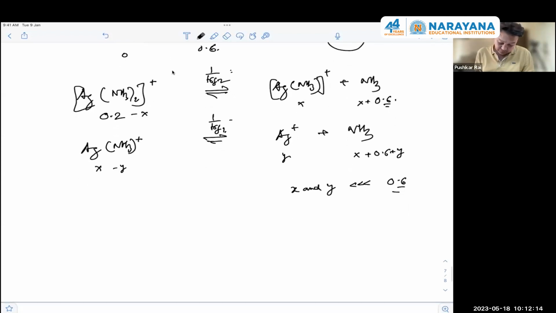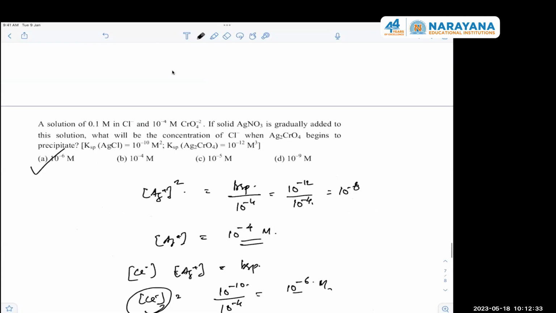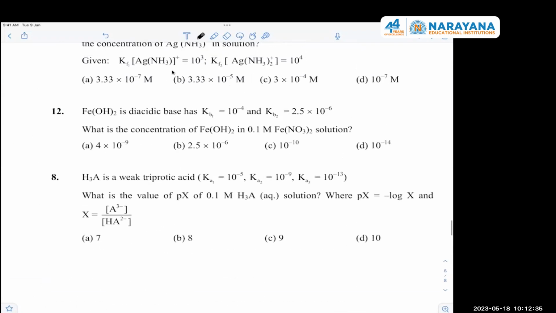So 1 upon Kf2 is equal to X into 0.6 divided by 0.2. Get the value of X. After getting the value of X, you will realize that indeed your approximations are absolutely all right. Can you do it now? Okay.